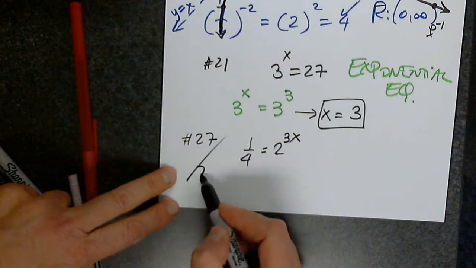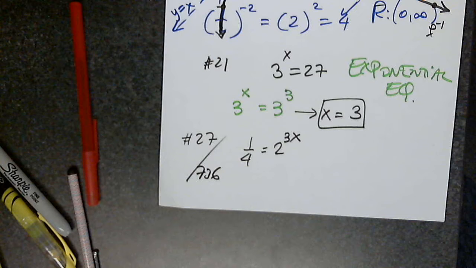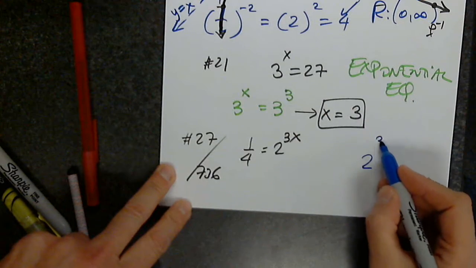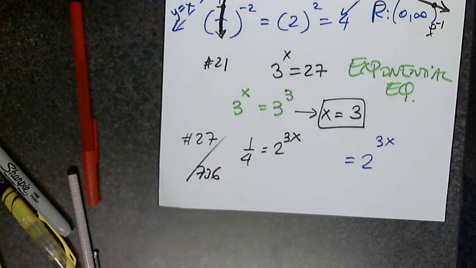I cannot draw a conclusion till I present both sides with the same base. The right-hand side I cannot further simplify, it must stay like this. But is there any way I can rewrite 1/4 with the same base I have on the right-hand side? Is there any way of rewriting 1/4 with the same base, which is 2? Very good.